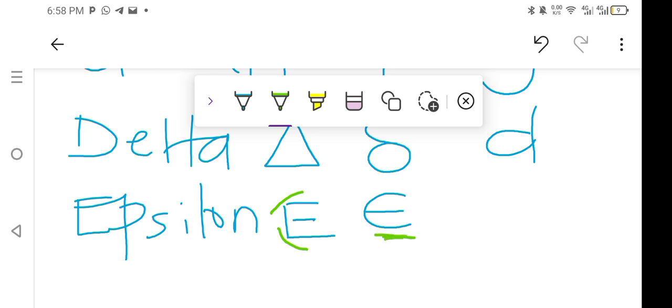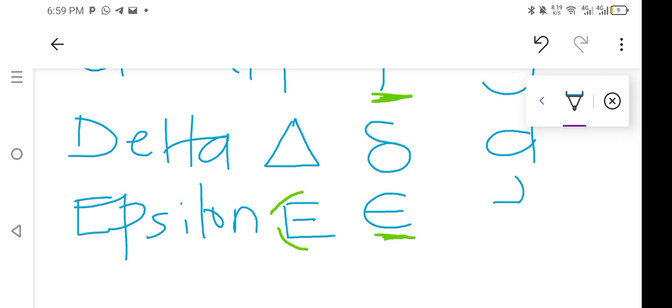You notice that? So that is epsilon, and that is equivalent to the English letter E. Now we are going to cover a different letter that is also equivalent to the English E, but that is for another lesson.